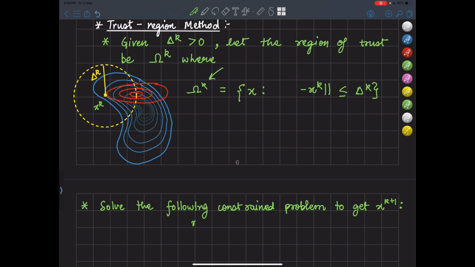That is, minimization of f qk x such that x belonging to omega k.